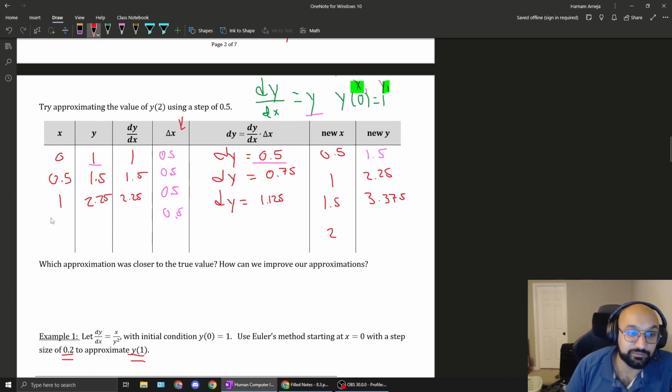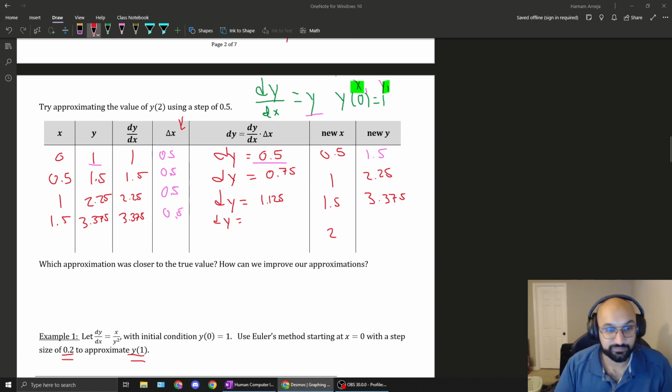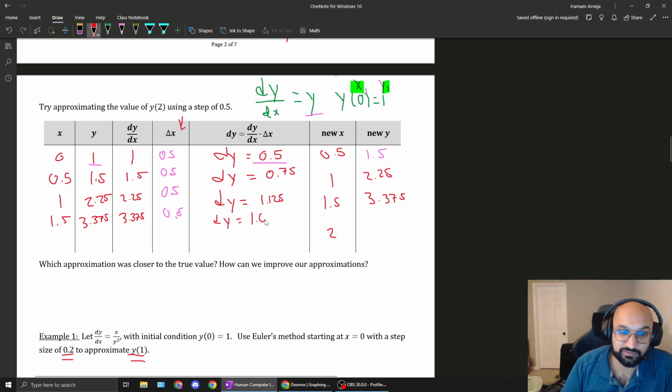And in order to do that one, we take these large, lovely decimals, and we recalculate. dy/dx is just equal to y still. And then we multiply these together, and then add them up. So our final dy that we need to add is going to be, and I'm going to switch just to typing this in a calculator real quick, 27 over 8 times 0.5. 1.6875.